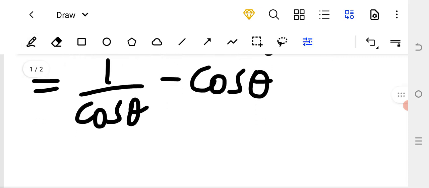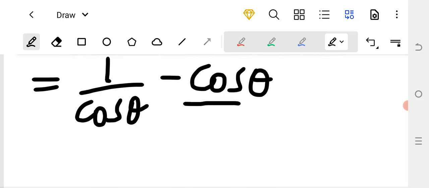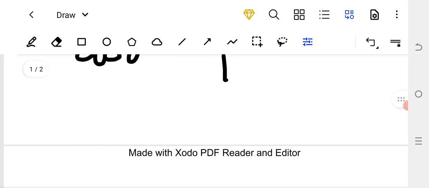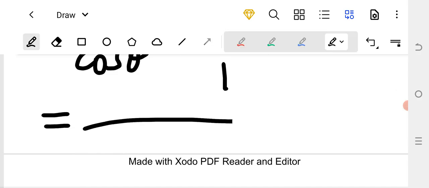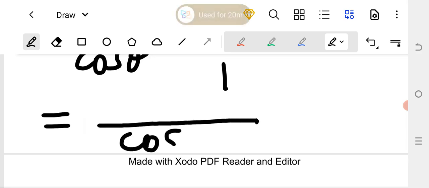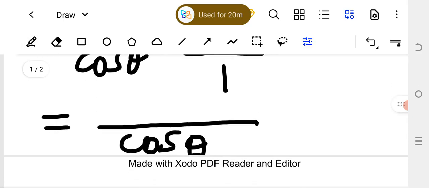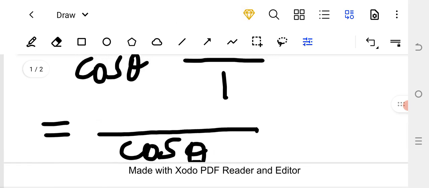Lowest common denominator, first of all, let's say over 1, which means divide by 1. Then the lowest common denominator of cos theta and 1 will be cos theta. So both 1 and cos theta can go into cos theta. So write cos theta there. And then to continue, it will be cos theta into cos theta. It will give you 1.